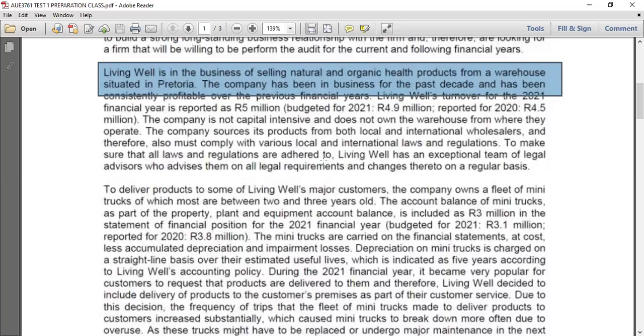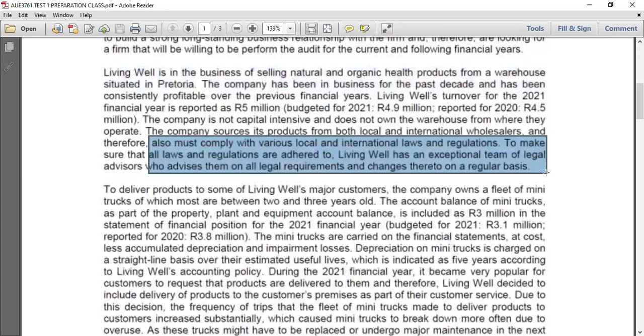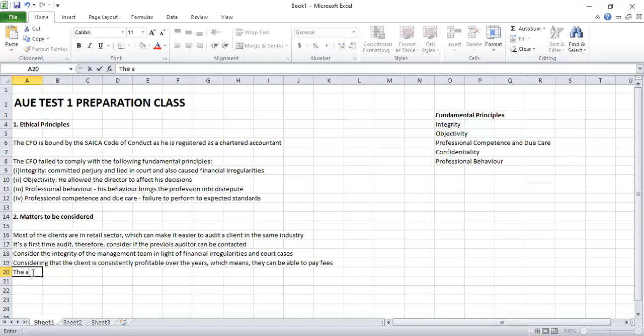They must comply with the various local and international laws and regulations. The auditee must comply with various laws and regulations.